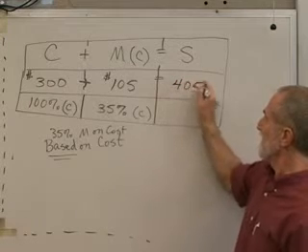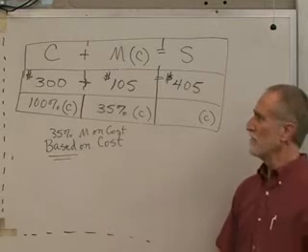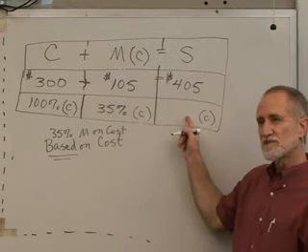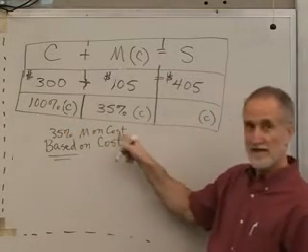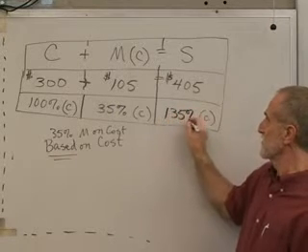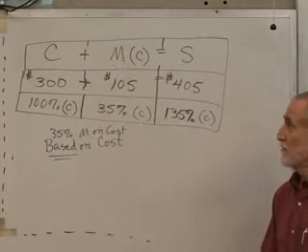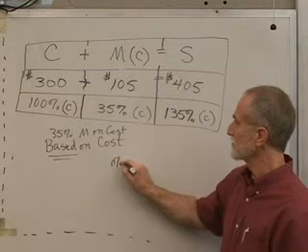Now, they're not going to ask us this, but what if we wanted to know what percent goes here? First number plus second number equals third number. This is 135% of the cost, isn't it? Because it's bigger than the cost. Markups based on cost are exactly like percent increase.